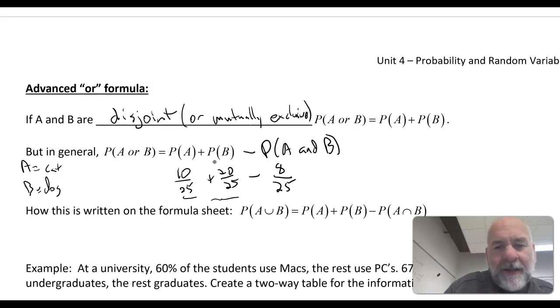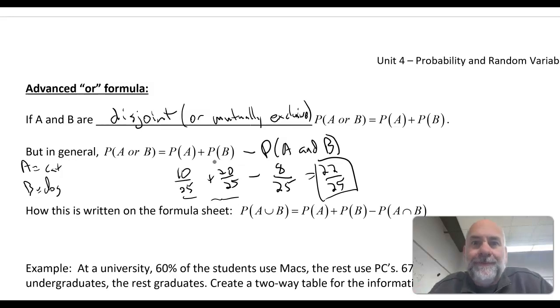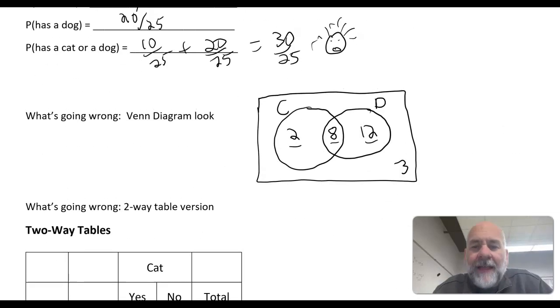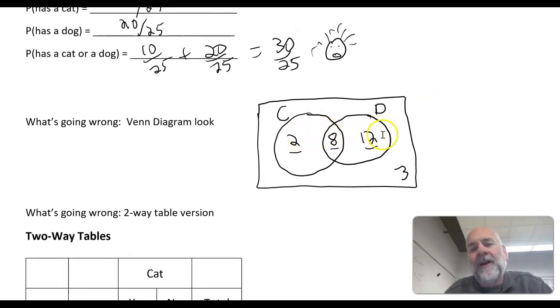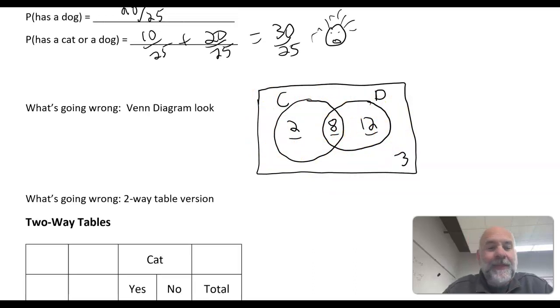And you get 30 minus 8, which is 22 over 25. And the formula works. Why does it work? Because that's how many people have a cat or a dog. So cat or a dog is anybody who's in either one of these circles, and you can see it's 22.